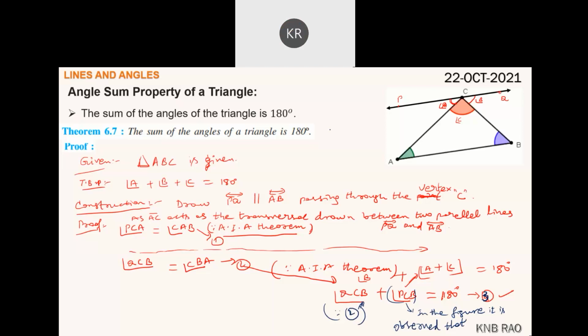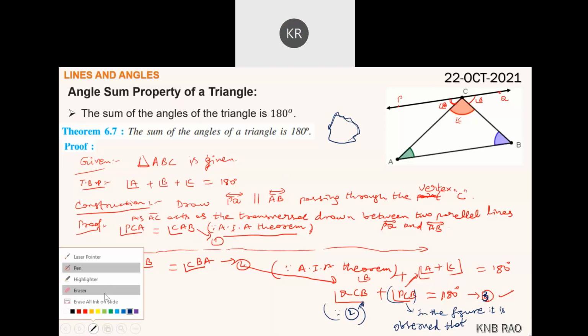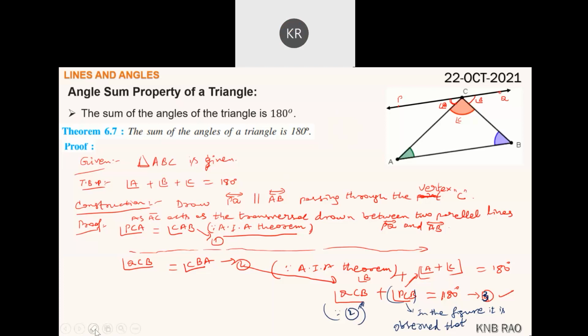Okay, three-sided enclosed figure. Good. It's almost approachable. Correct.